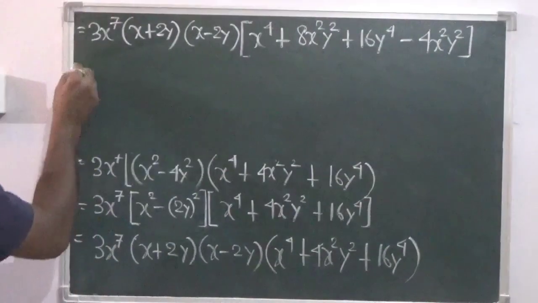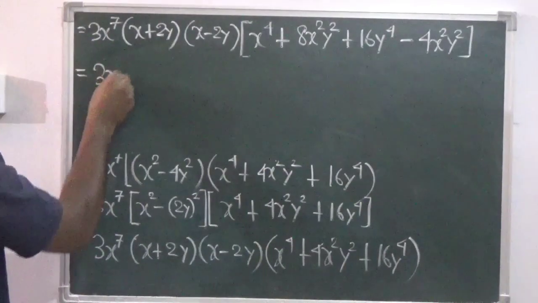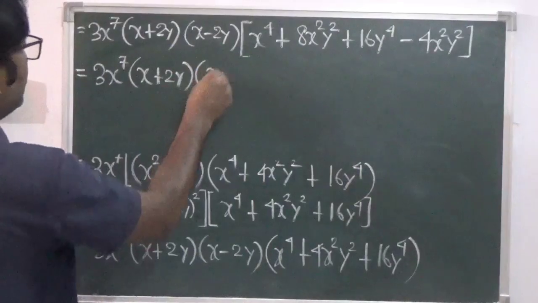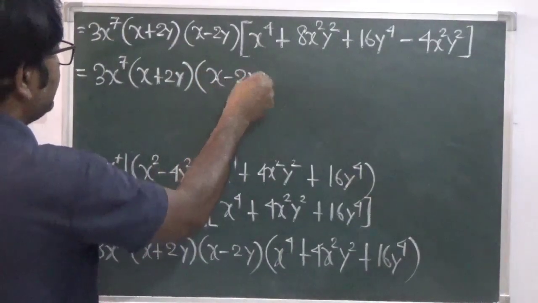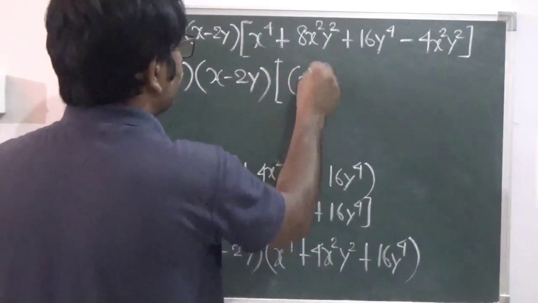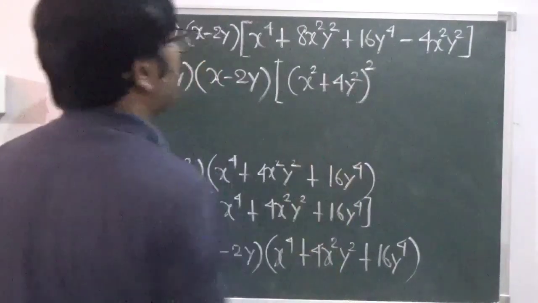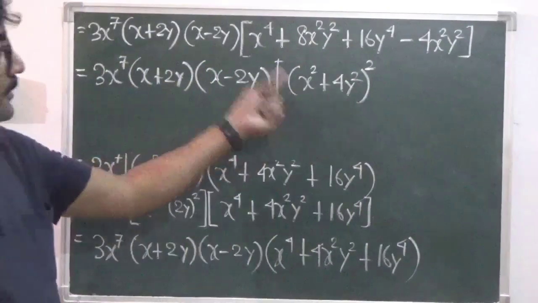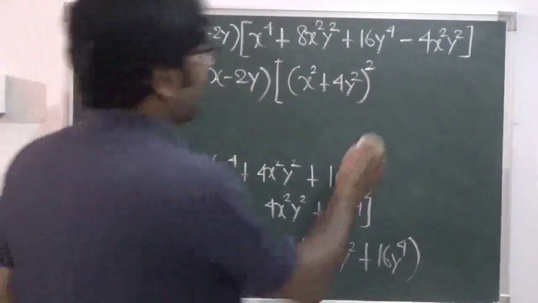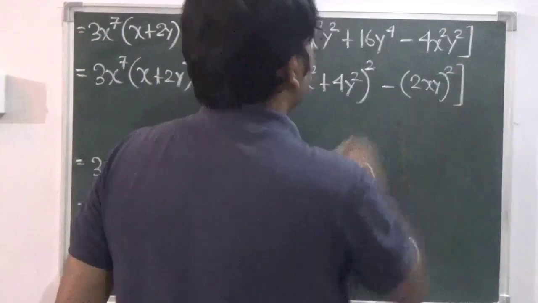So here it can be 3x to the power 7 into x plus 2y then x minus 2y, and this can be written as x square plus 4y square power 2. See, x power 4 plus 8x square y square plus 16y power 4, a plus b whole square, minus this can be written as 2xy whole square.